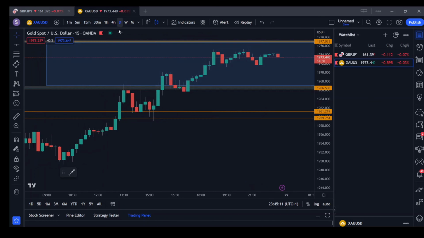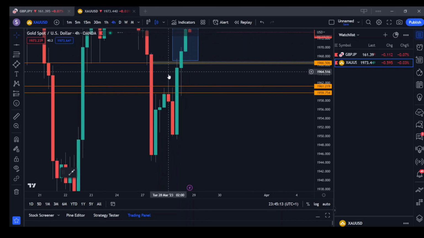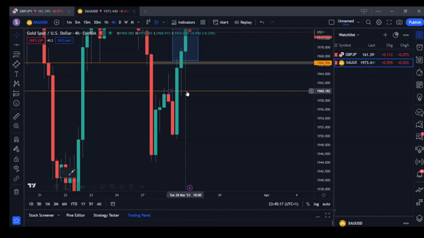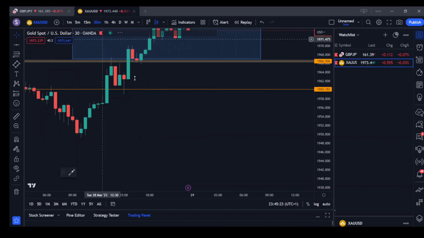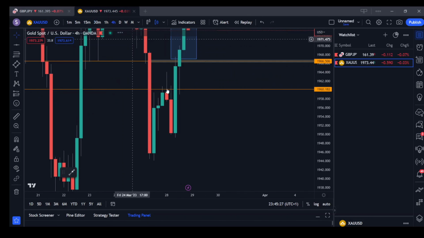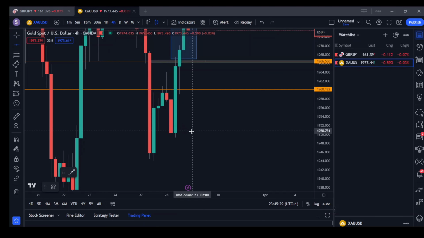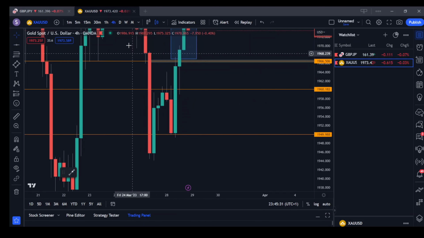So I'd say the first target for sells could possibly be 1960.200, targeting this previous 4-hour resistance, because that also lines up with this 30-minute support. The second target for sells could be, let's have a look. We have this 4-hour support.